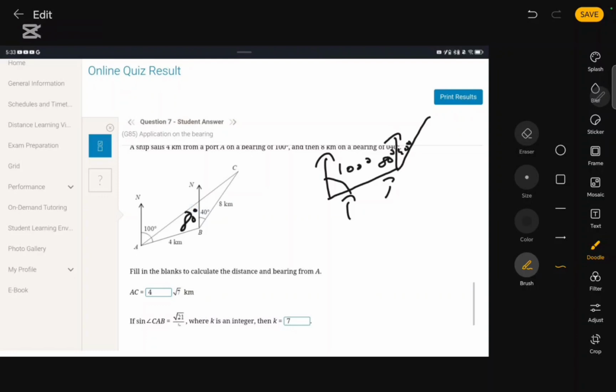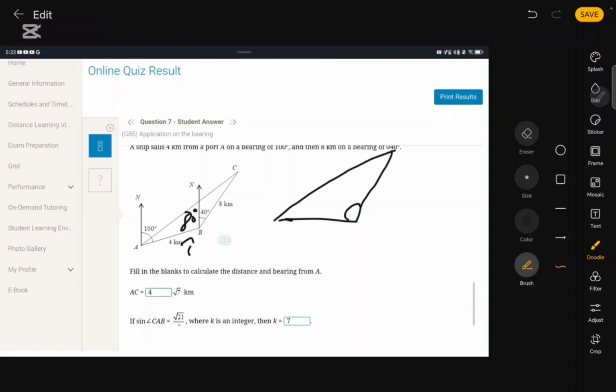Now I'm going to redraw a triangle to find AC. So to find AC, we have this one, and this one. Now we know that this is 80, this one's 40. To find the total angle, we're going to add them. This is 120. And we have 4 here, we have 8 here.